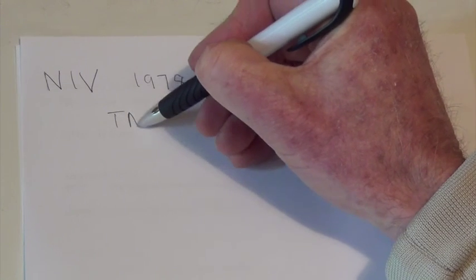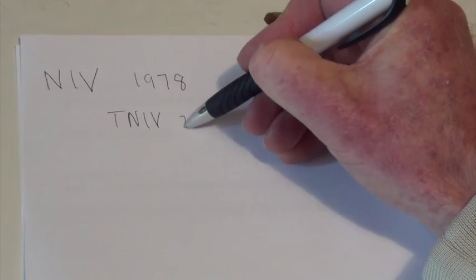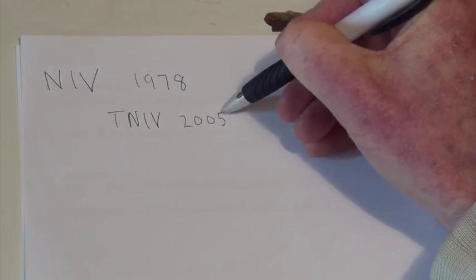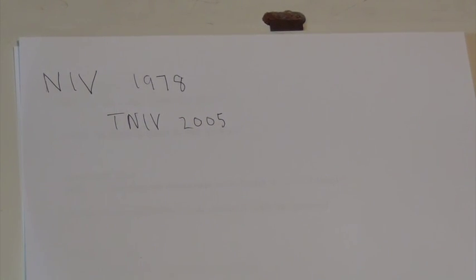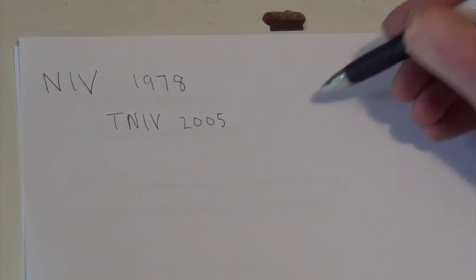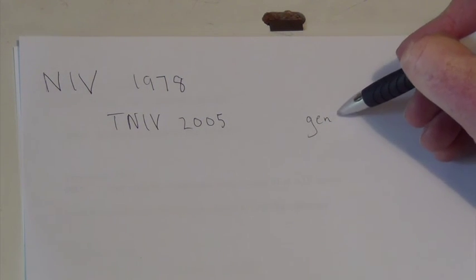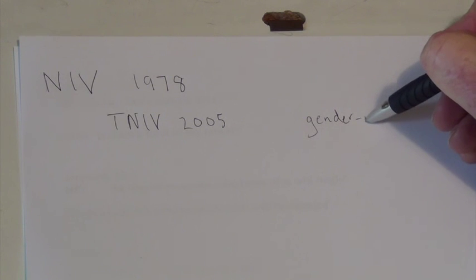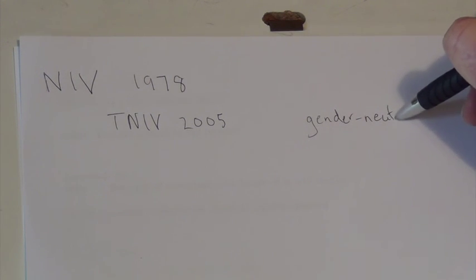But a revision of the NIV came out in 2005 called the TNIV, Today's NIV, and that got quite a bit of criticism and led to mass defections from the NIV because it introduced the so-called gender-neutral language, which a lot of people had strong objections to.